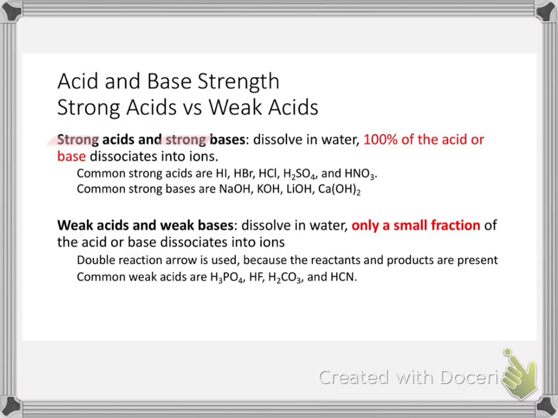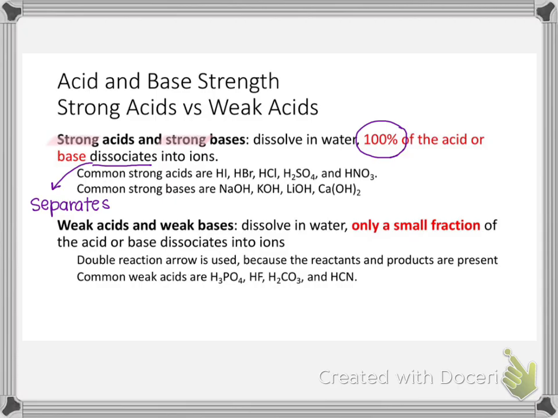What strong has to do with is how much the acid dissociates. Now remember, what dissociates means is that it separates or falls apart into its ions. So a strong acid or a strong base will have 100% of the acid or the base dissociate in water.